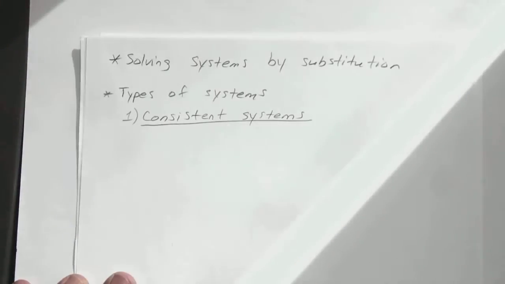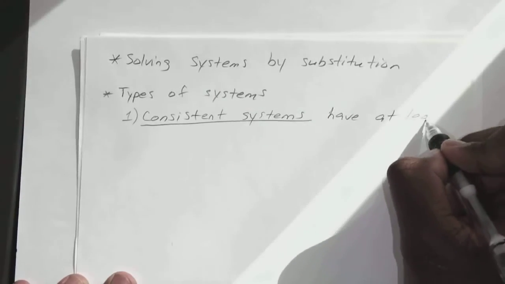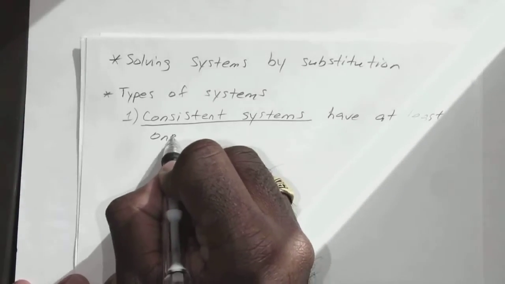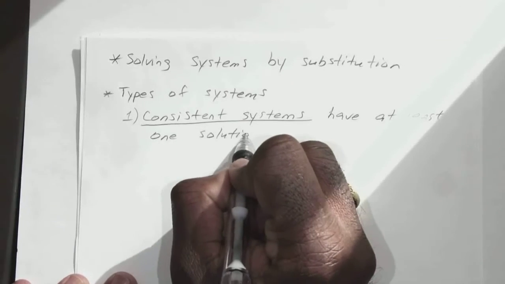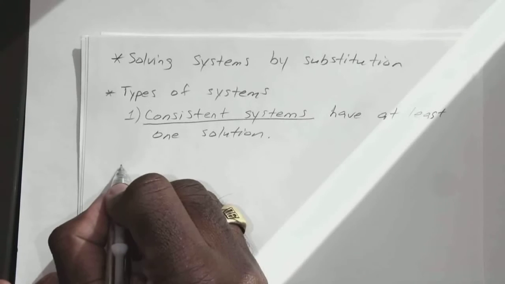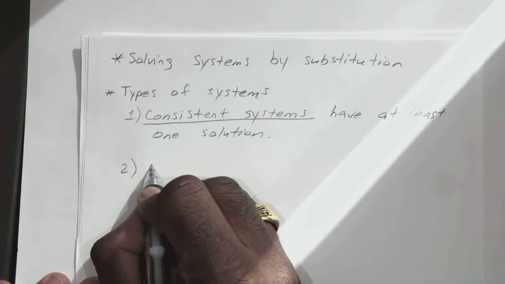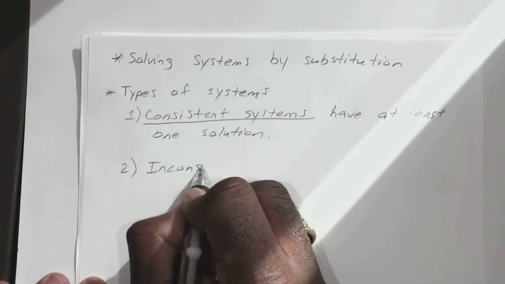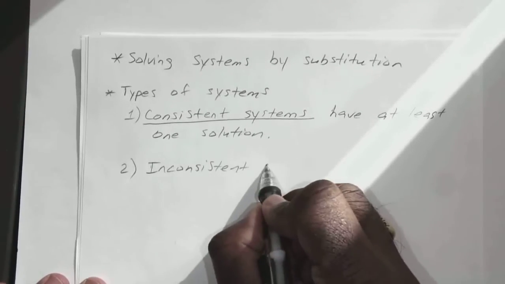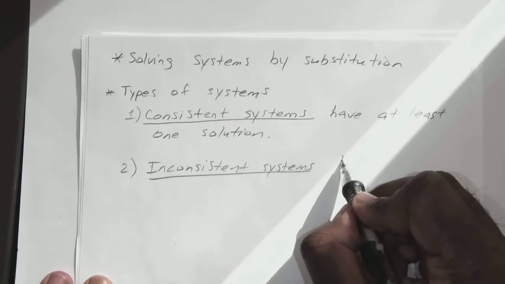Okay, so consistent systems have at least one solution. There are instances where you have more than one, and I'll show you those in a little bit. Two, inconsistent systems do not have any solutions.